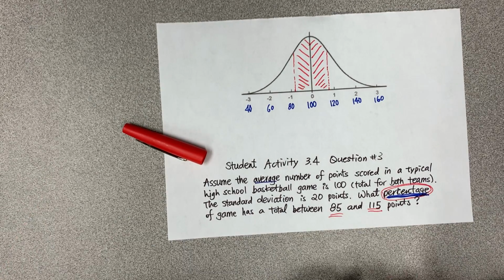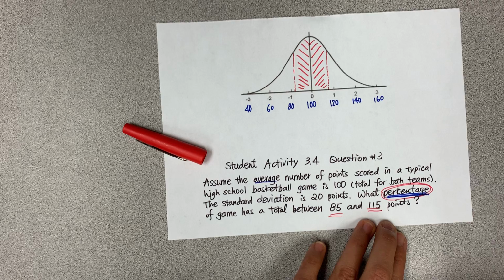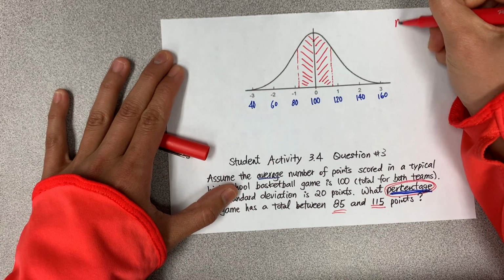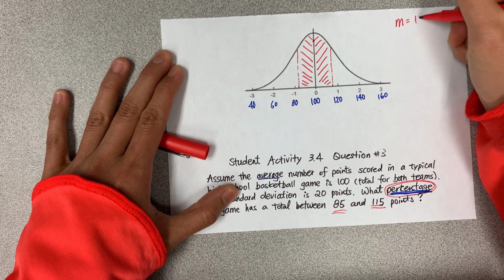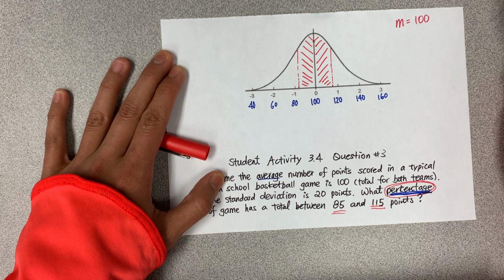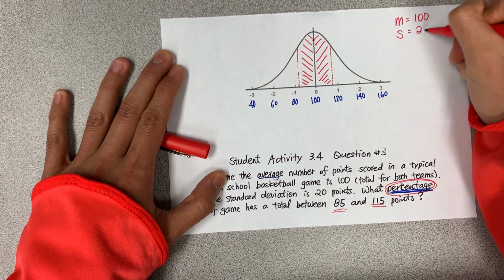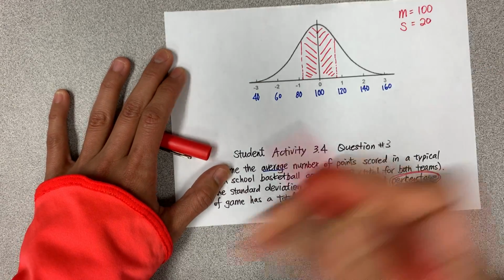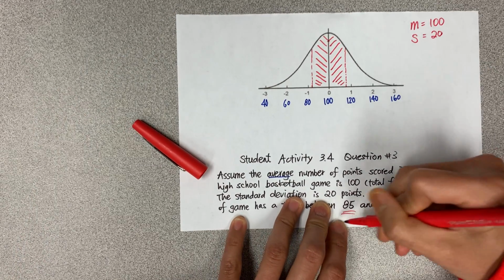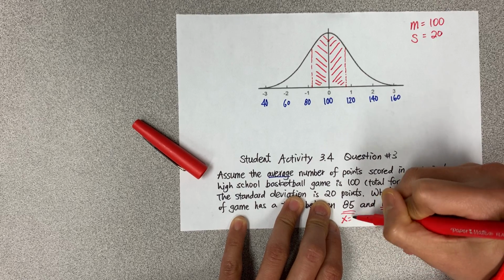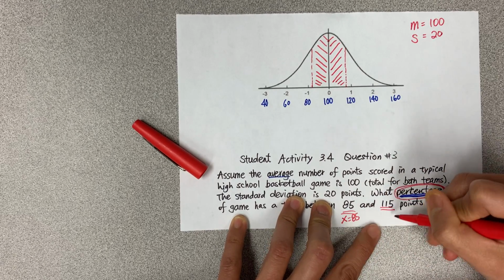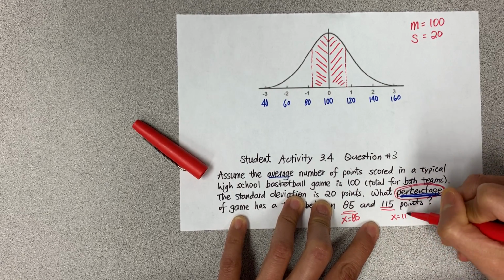So what we know based on the information given, we know the mean is 100, okay? And we know the standard deviation is 20. We actually have the raw score, okay? So here X is 85, and then another X is 115.